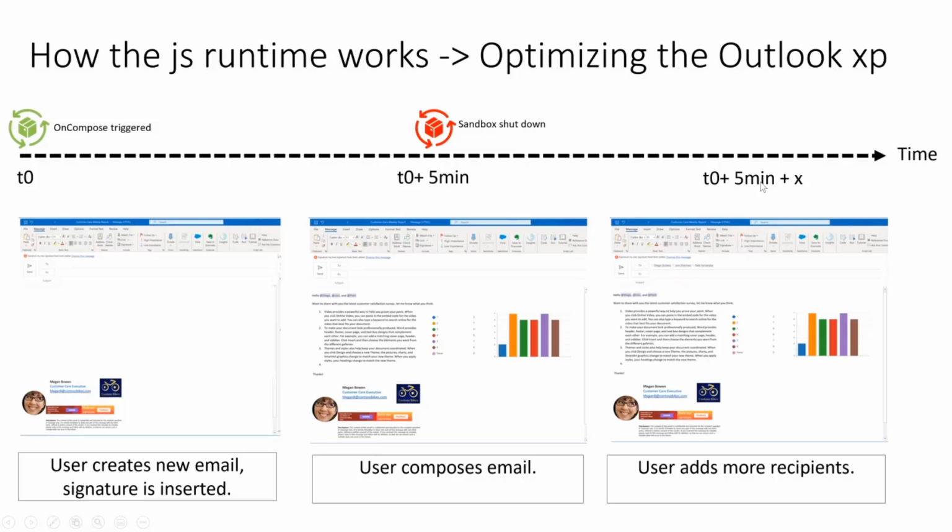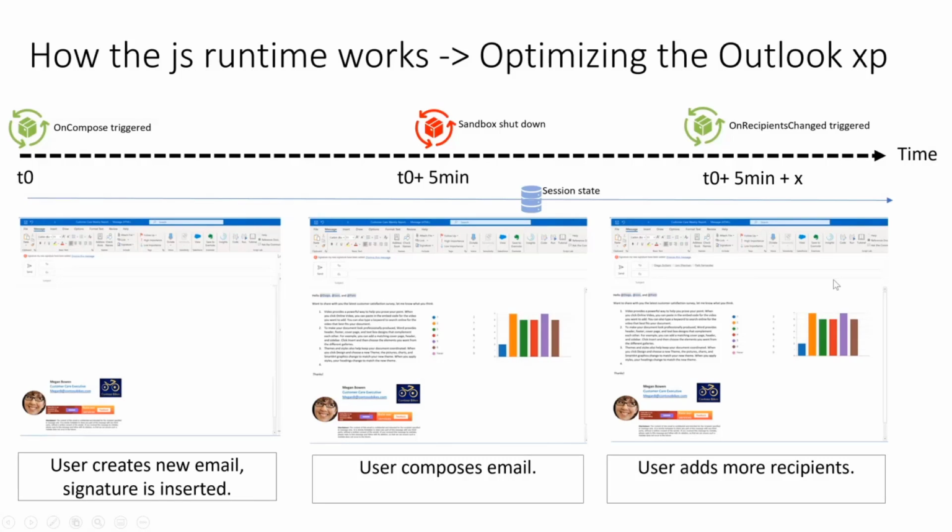At T0 plus 5 plus X, we are again going to launch a super efficient JavaScript engine in the background. For this shutdown and creation of the runtime, you need the session data, right? This is where the session data makes sense, because you can store different types of metadata you need to have across multiple instantiations of the sandbox.